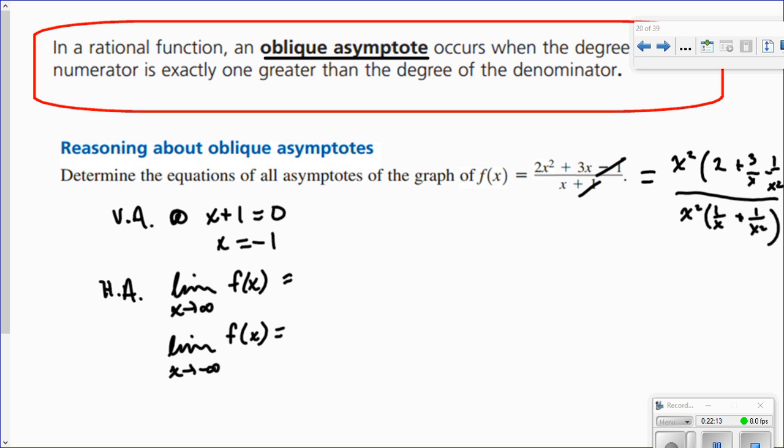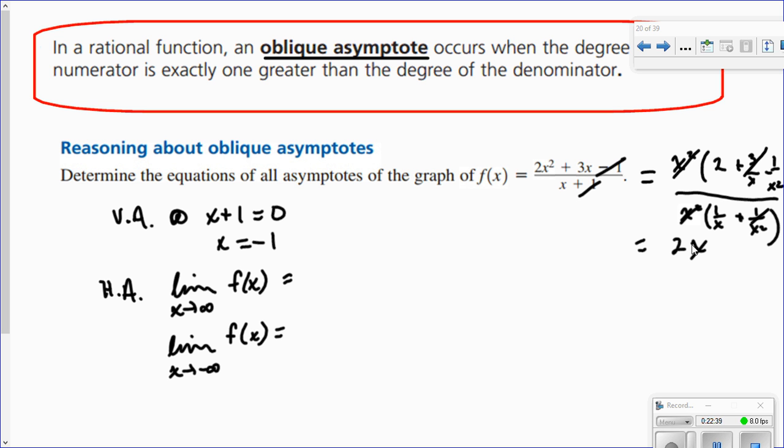So what have I got here, and what am I left with? I've got a situation where these terms are all 0 here, and I'm left with really a factor of 2x.